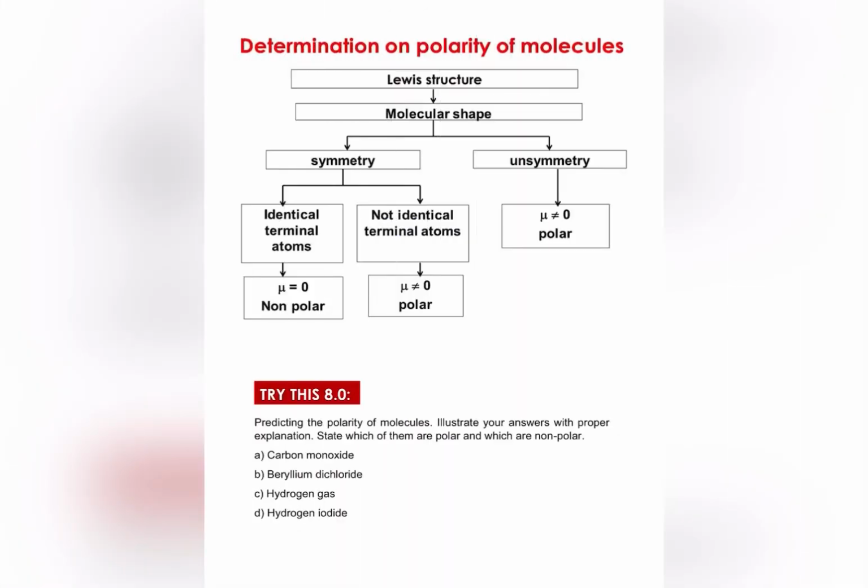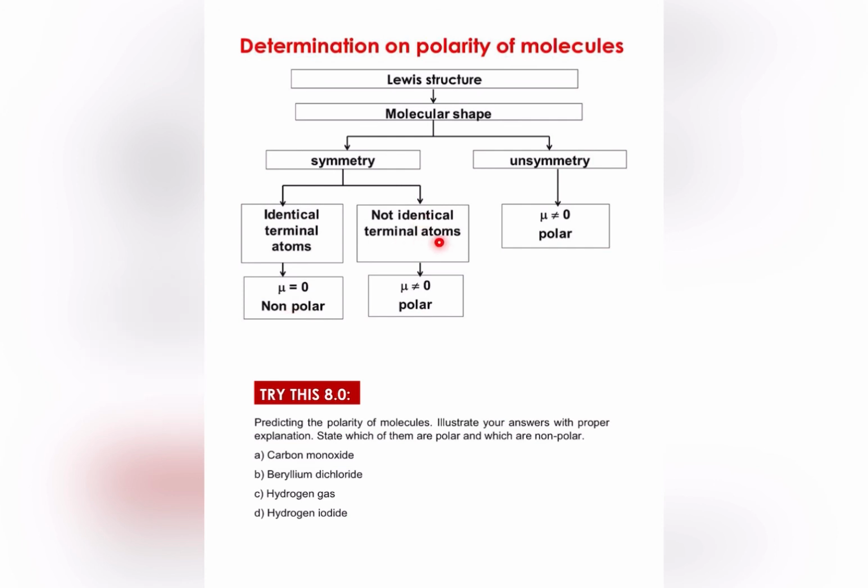Before we end this video, I want you to revise back what you've learned so far. First step, you have to draw the Lewis structure, and from there, you can determine the molecular shape based on total electron pairs. And after that, from molecular shape, determine whether the shape is symmetrical or asymmetrical. And you can see identical terminal atoms can make it as a nonpolar molecule.